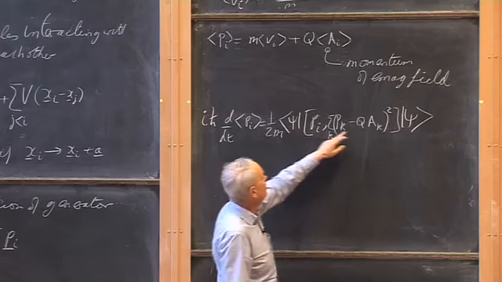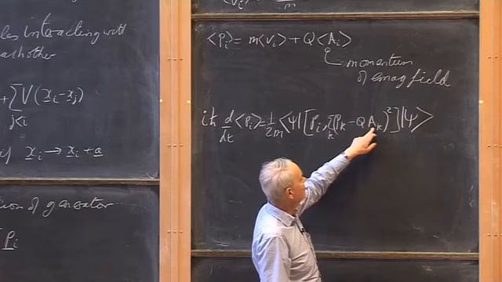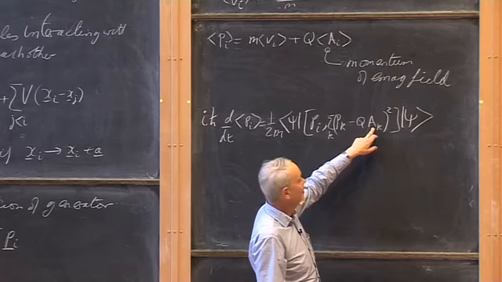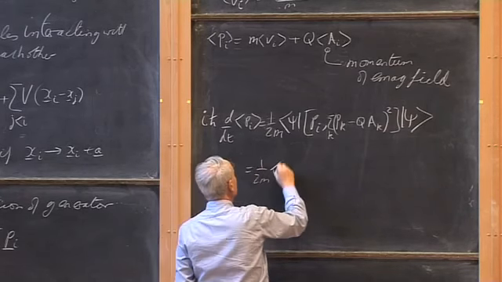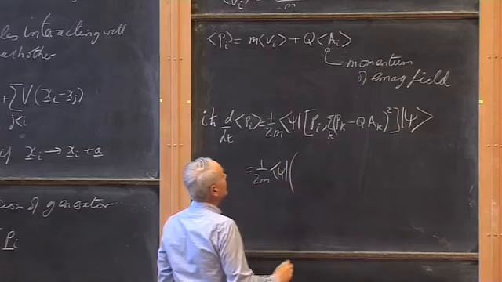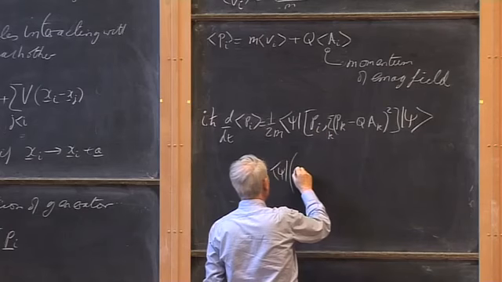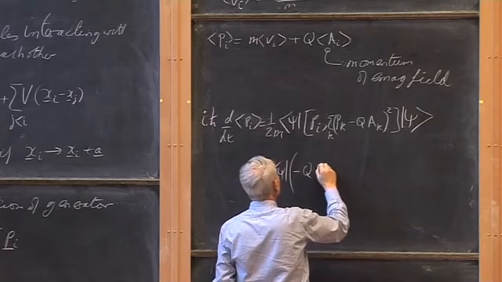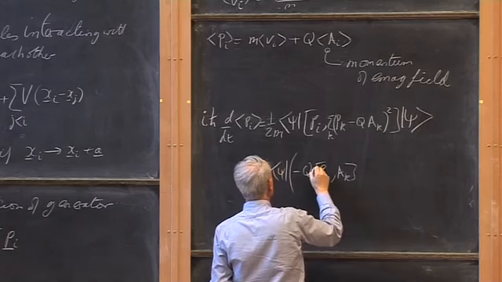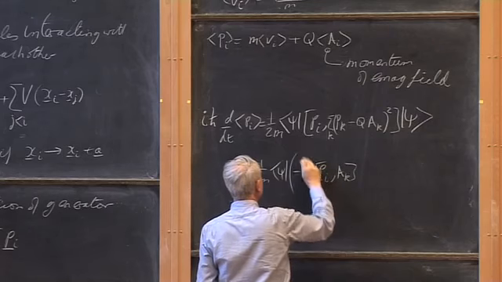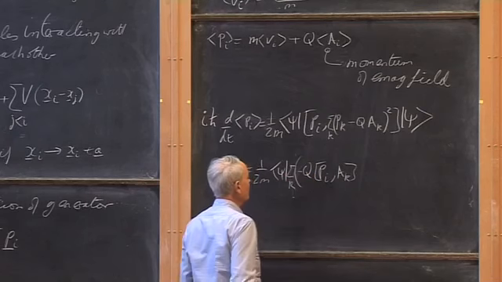Why does pi not commute with this? Well, obviously pi commutes with pk. That's not a problem. Pi doesn't commute with this because sitting inside that is ak, which is a function of x. So when we work this out, we get 1 over 2m, psi, big bracket. We're going to have this thing commuting with that. So we'll have a minus q commutator of pi with ak, summed over k. Maybe it would be better if we put a sum over k here. We've got to have one somewhere.